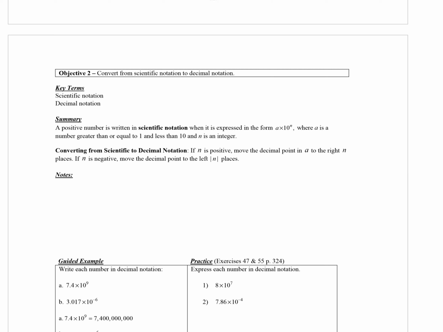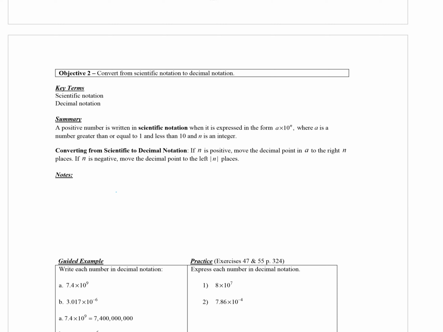Now, this is the first step, okay? How do we go from scientific notation to its decimal form, its decimal notation? And it's actually quite simple. Check this out. This is what scientific notation looks like.